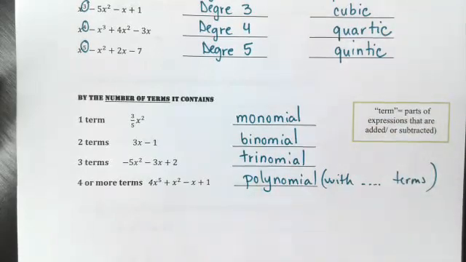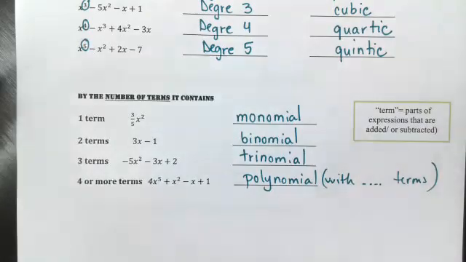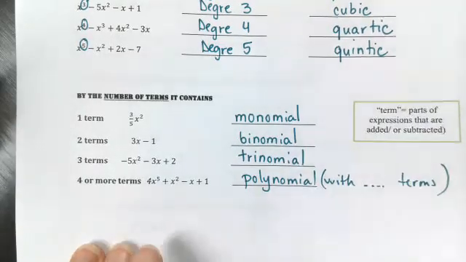You can specify how many terms. If you want the reader to know how many terms it has, you can say this polynomial has 6 terms. They're all polynomials, but monomial, binomial, and trinomial give information about how many terms they have. Polynomial is the term that encompasses them all.